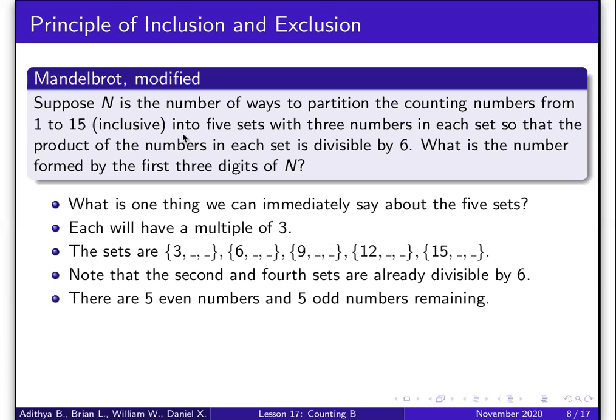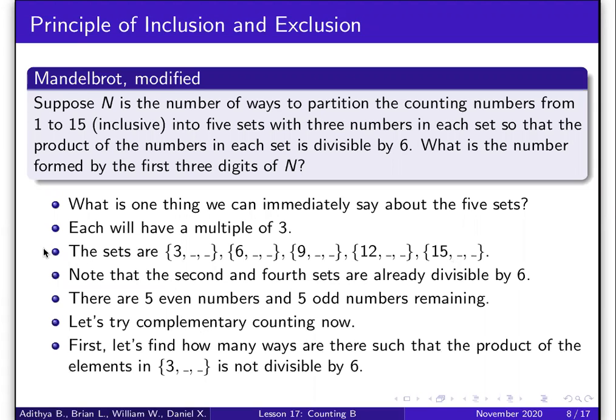So one way we can try to approach this is to look at complementary counting. So we'll count the number of ways such that at least one of the first, third, or fifth set does not have an even number in it. So for that, we can use PIE.